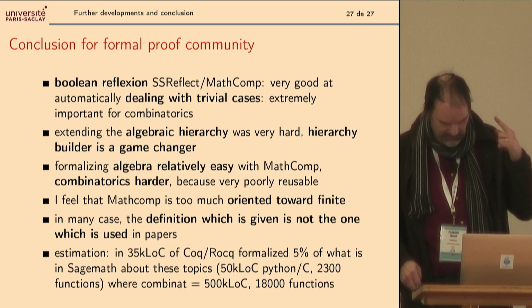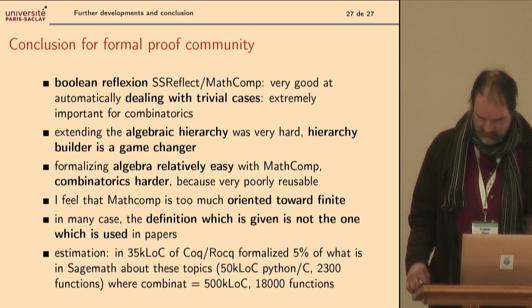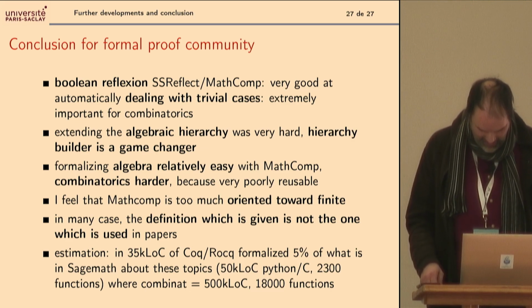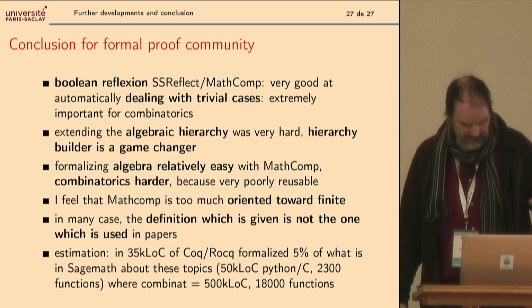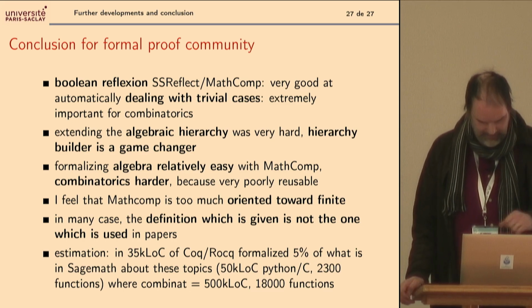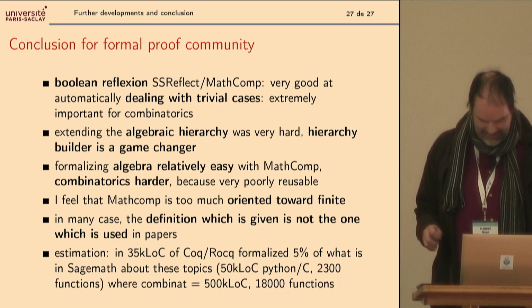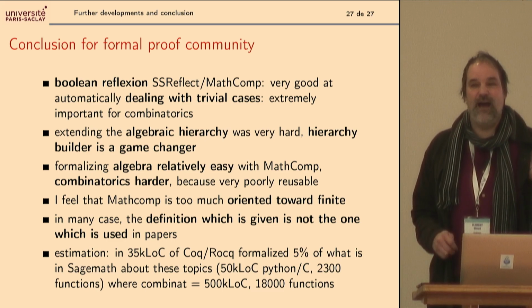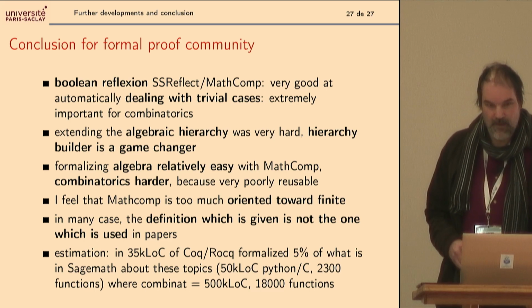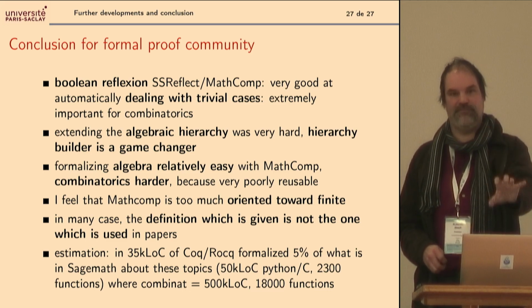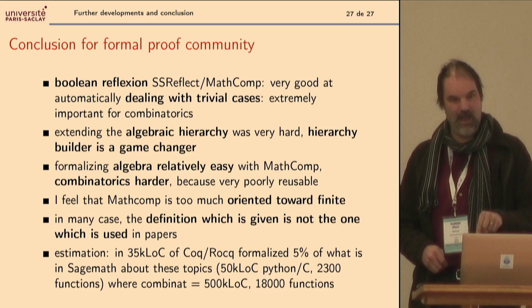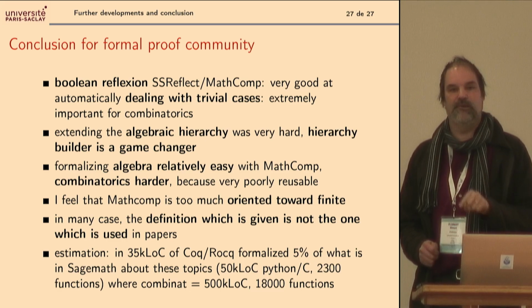And one thing which is really striking is that when you read a paper, there are lots of cases where the combinatorial definition which is given in the paper is not the one which is used in the same paper.